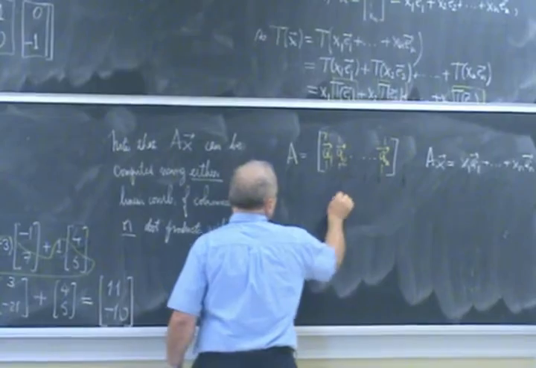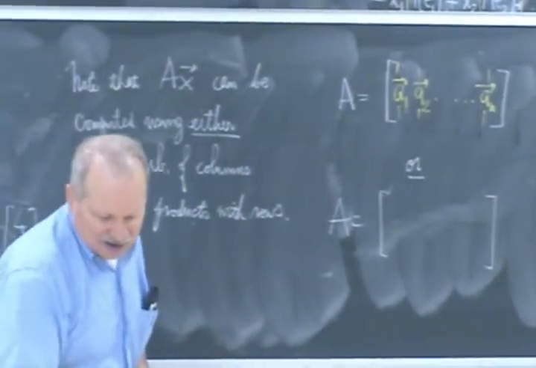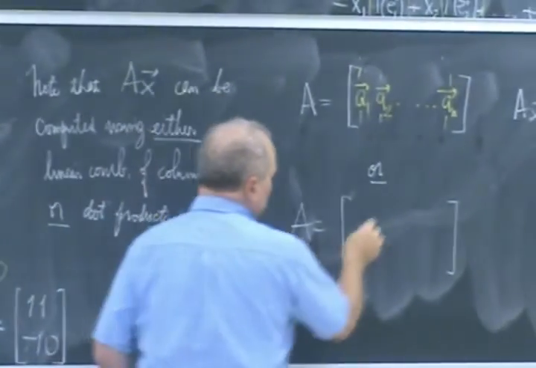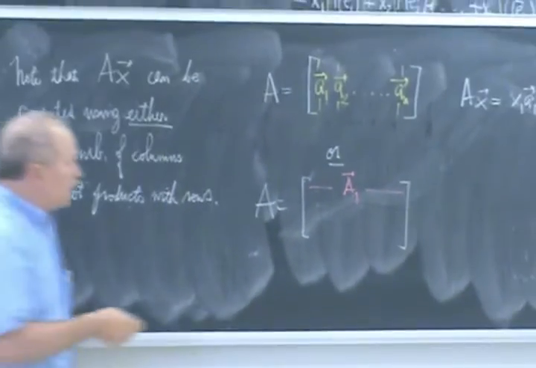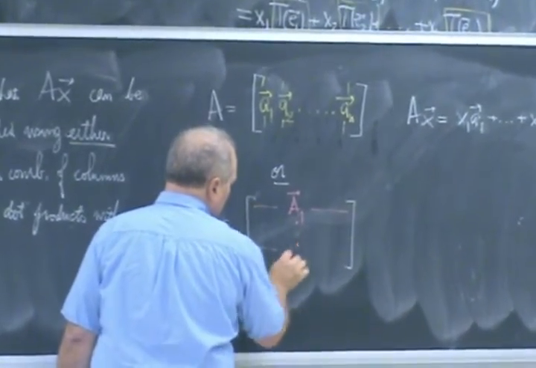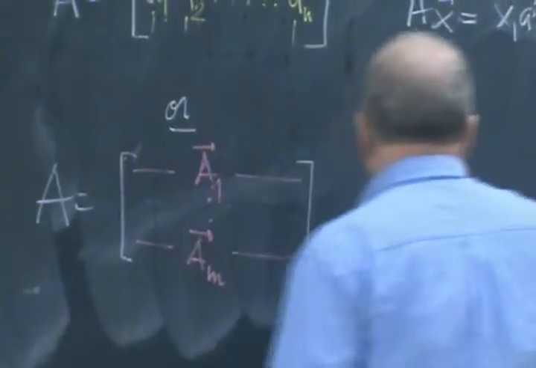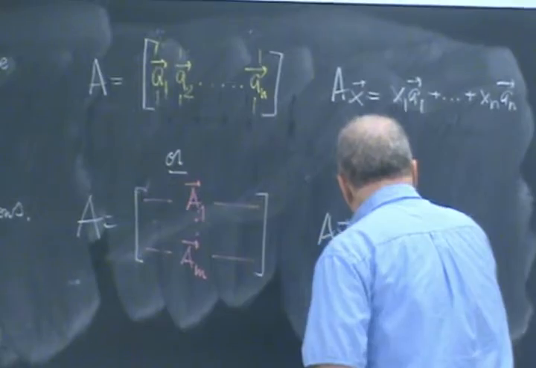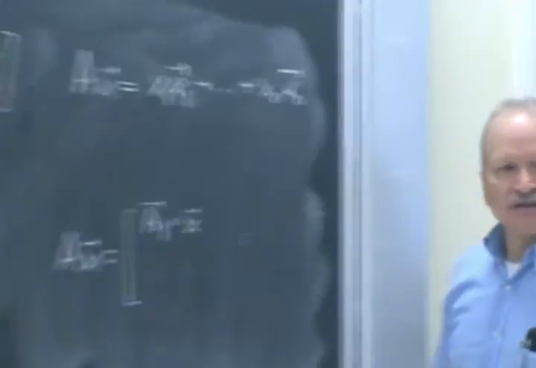Or, you can think of A in terms of row vectors, and the row vectors will be capital letters going across. And how many of them are there? m. And then Ax is the vector whose coordinates are the dot products of x with those rows.